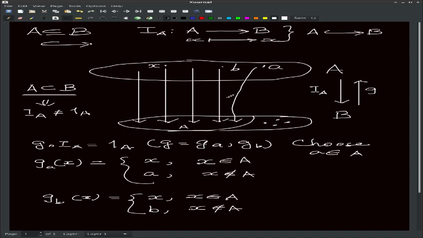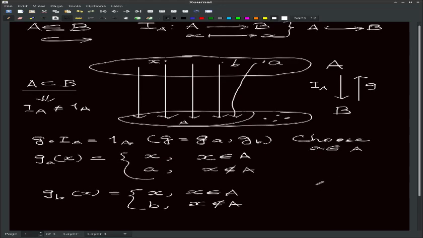So every point is fixed, that is the identity map, and that is therefore invertible automatically, right? So the moment you have one point here, and your set A has at least two different members, you have two different choices.